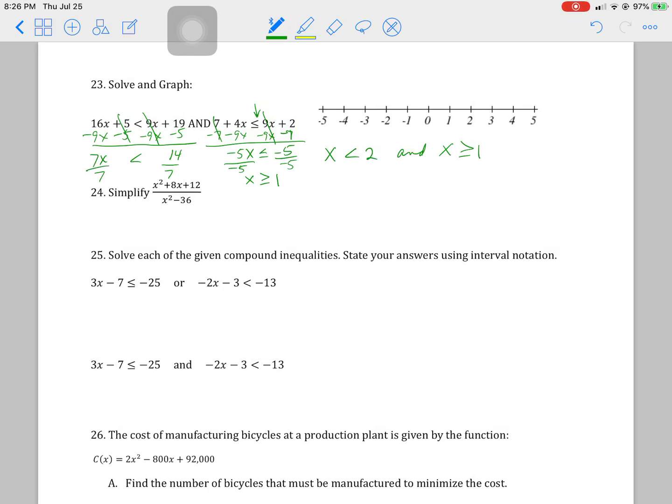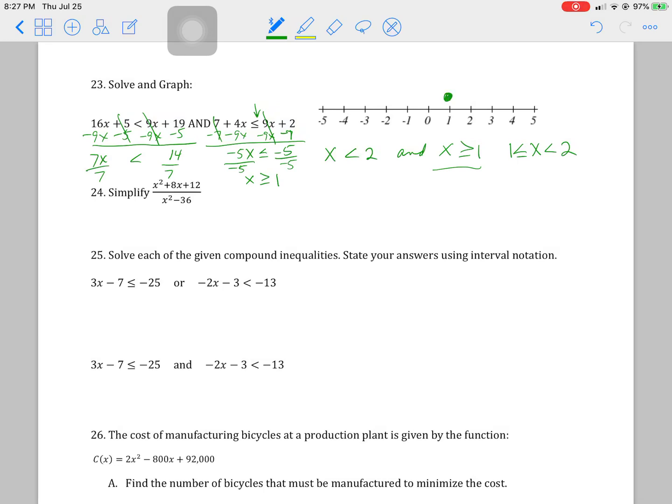It doesn't say anything about interval notation. If you need to put this together for some reason, 1 is smaller than 2, right? So the 1's on this side. It's open when it goes to the x. And 2's on that side. That's an and, right? But to graph it, I still look at this. x is greater than or equal to 1.